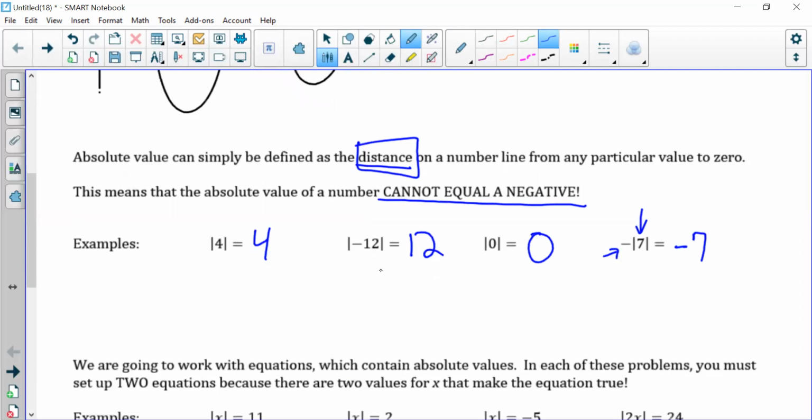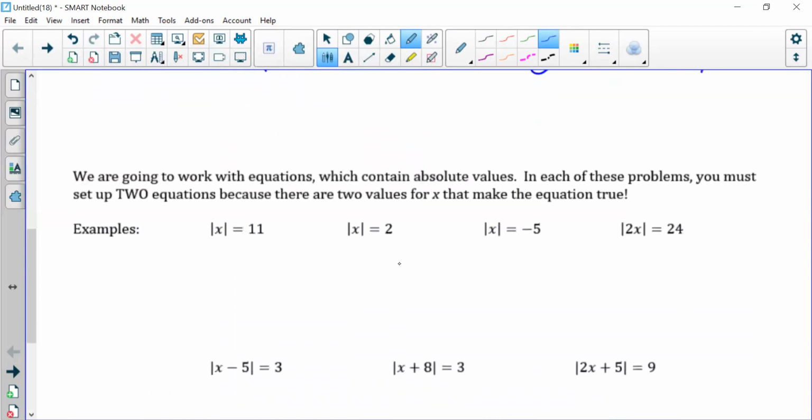All right, scrolling down. We're going to work with equations which contain absolute values. In each of these problems, you must set up 2 equations because there are 2 values for x that make the equation true. What does this mean? Let's do the first one and let's show you. All right, absolute value of x equals 11. If I'm graphing this on a number line, I want everywhere that is 11 units away from 0.